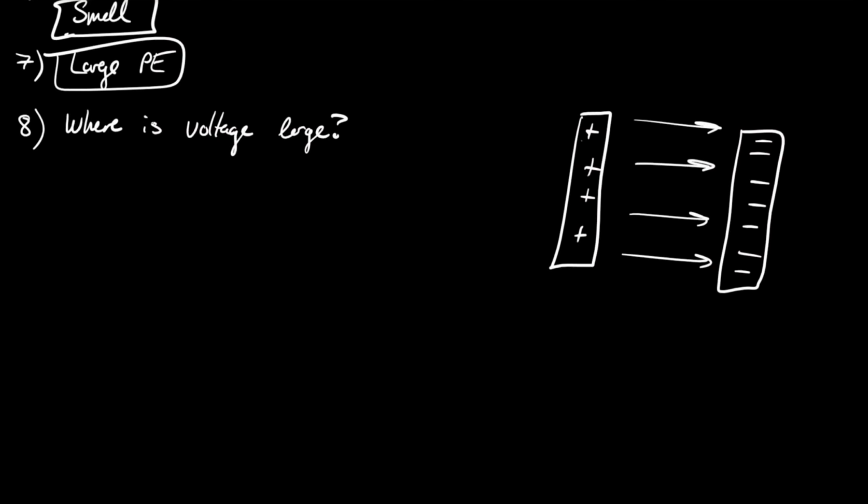Now remember, what is the definition of voltage? It's like potential energy, but for a positive test charge. So where would a positive charge hate being? That's where voltage is big. So where do positive charges hate being in this diagram? Over to the left. They hate being next to the other positive charges. So the voltage is large anywhere on the left.